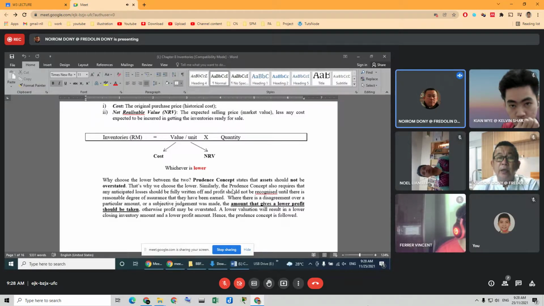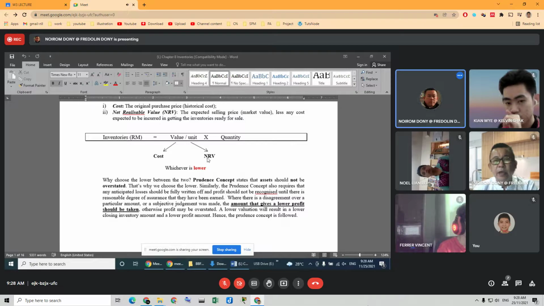Similarly, the prudence concept also requires that any anticipated losses should be fully written off and profit should not be recognized until there is a reasonable degree of assurance that it has been earned. Meaning, you have anticipated losses here.